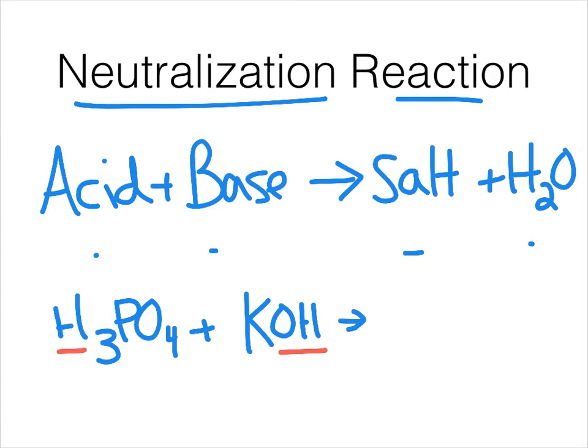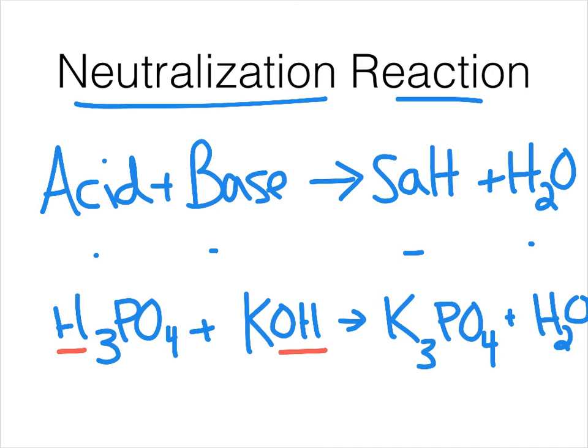And that's going to form a salt, which is an ionic compound, which is K3PO4, and then a water. And I know this is ionic because it's a metal and a nonmetal.